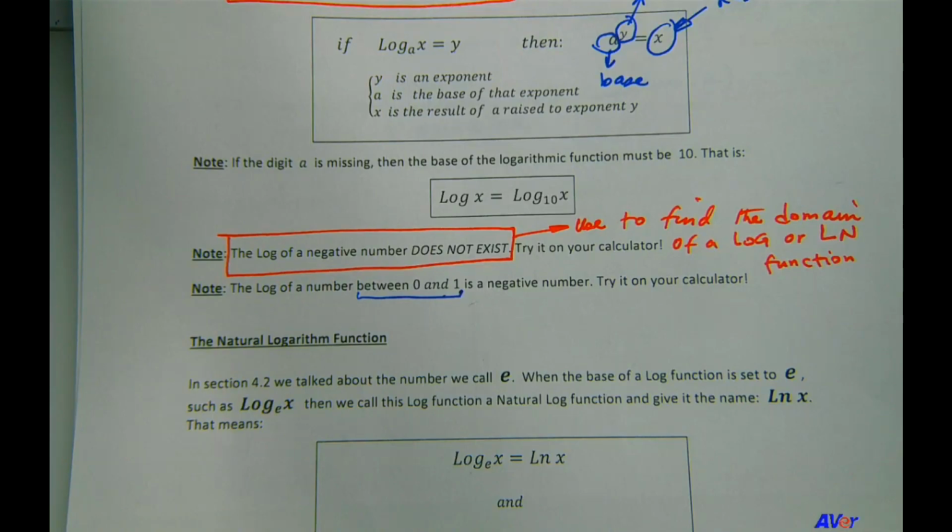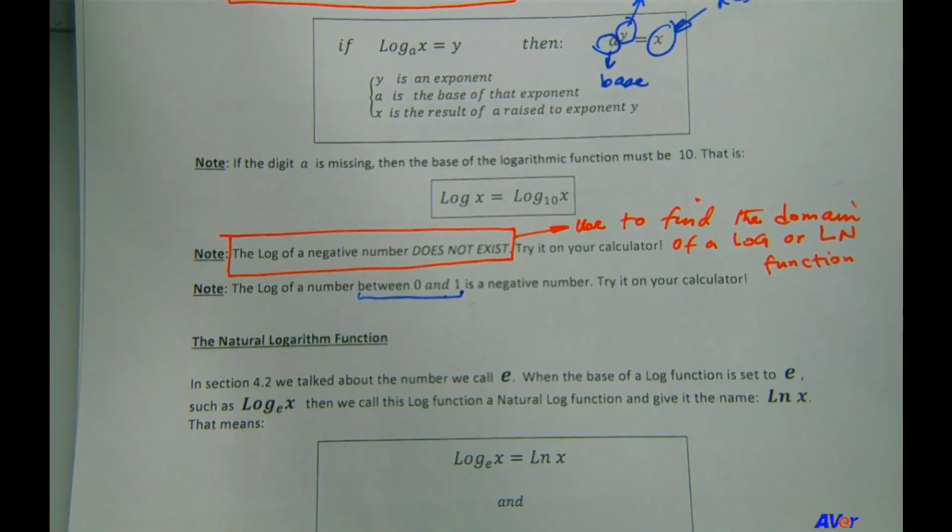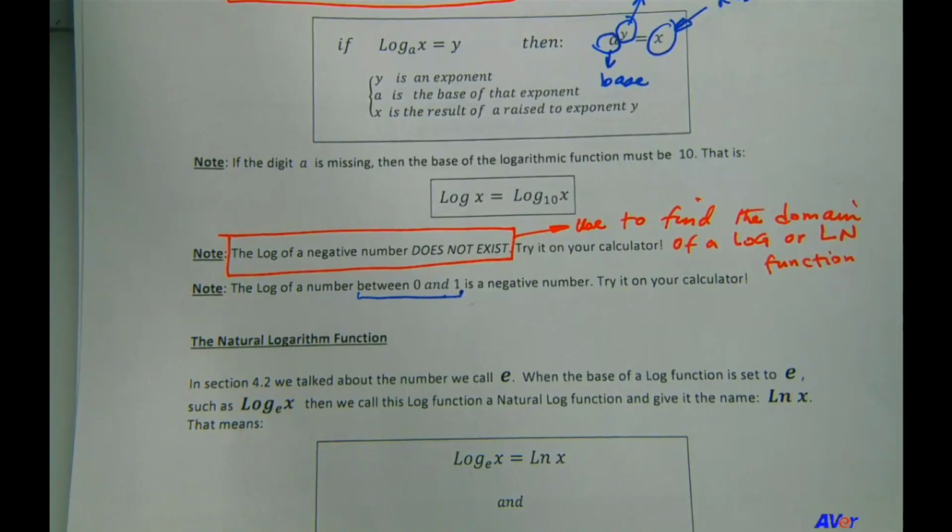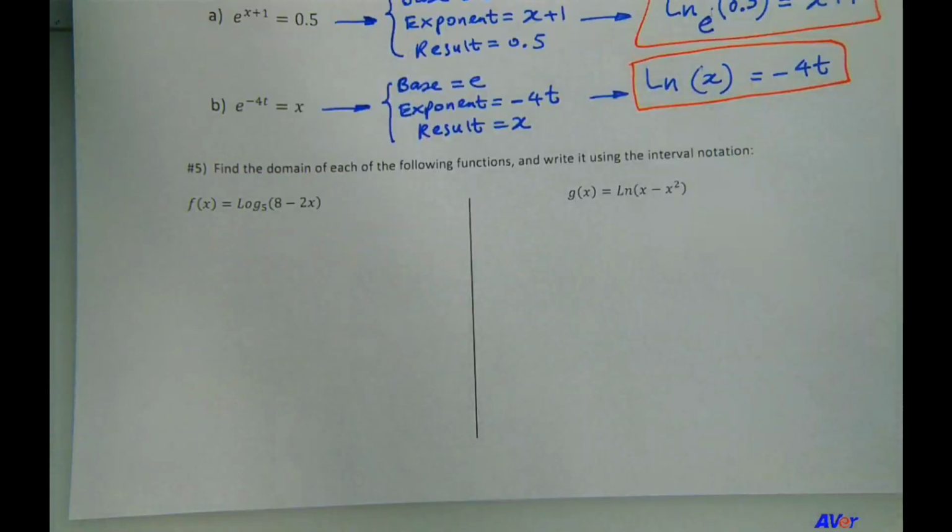We would set the denominator equal to 0, solve for the value of x, find what that x value is, and then we would exclude it from the domain. So in this case, this understanding that the log of a negative number does not exist, we can use that to find the domain of a log function. Let's see how that's done.